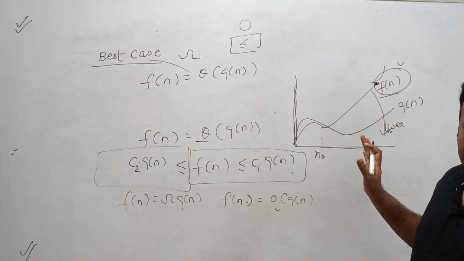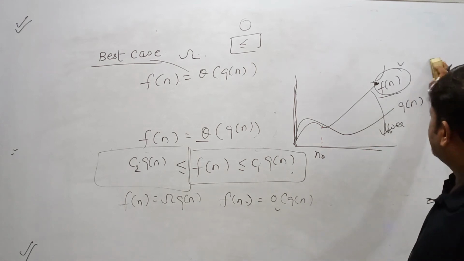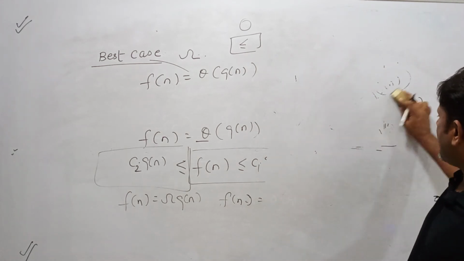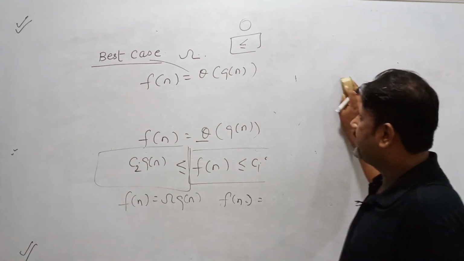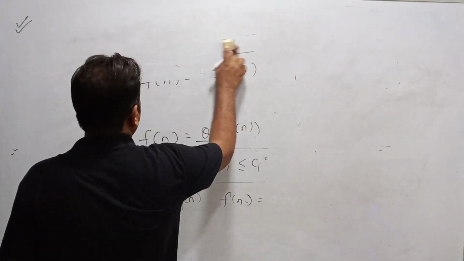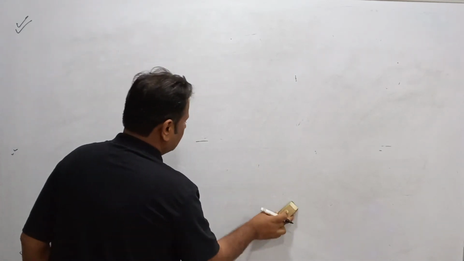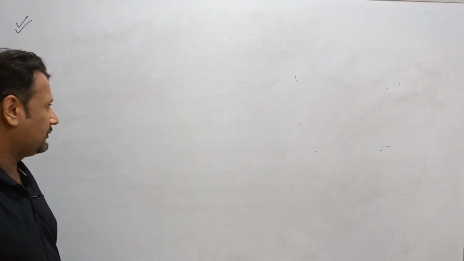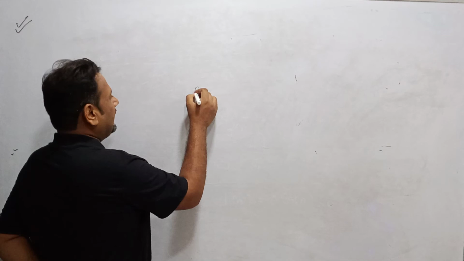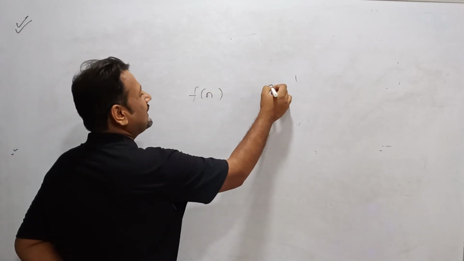This point is clear. Now if any complexity is given to you, how do you calculate whether we have omega relationship or big O relationship or theta relationship? Let me write a few complexities, f(n) and g(n). Quickly answer this.